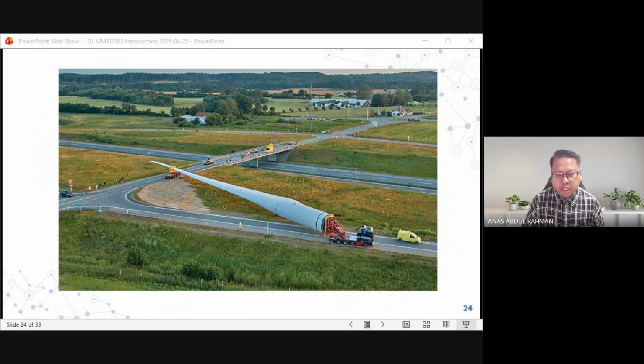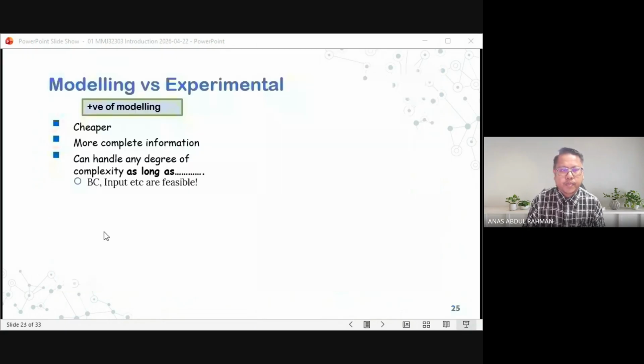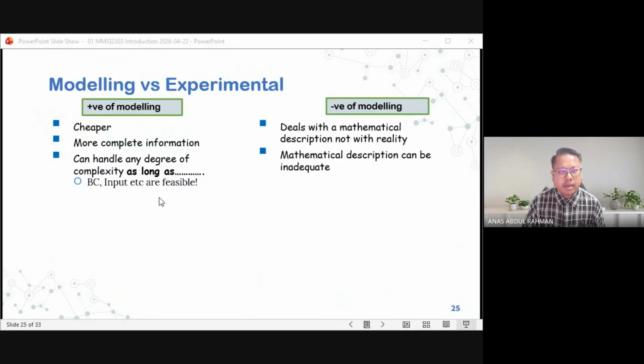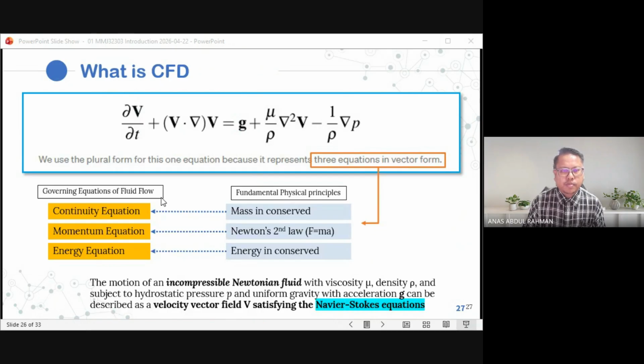Just imagine if we wanted to conduct a lab test for this. It's going to be time consuming and cost consuming because of the scale of the object we are looking at. So we discussed the pros and cons a bit just now.